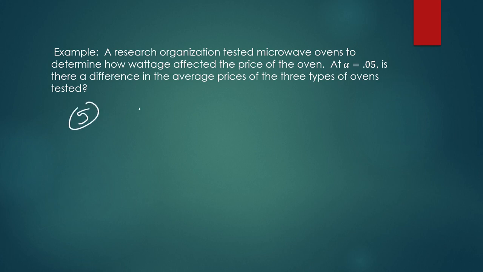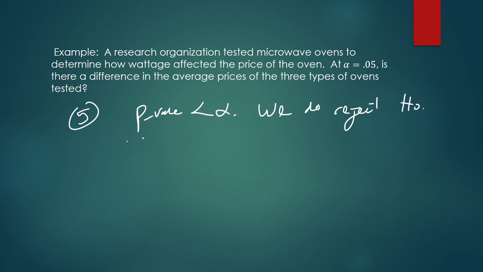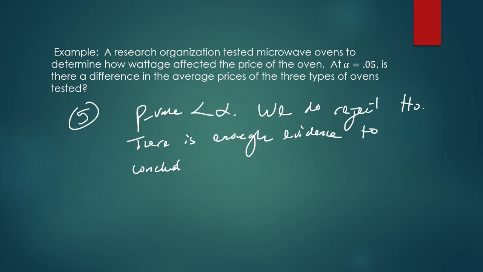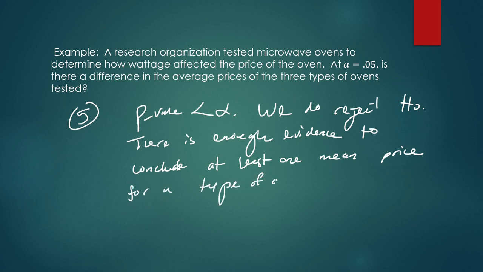Step 5, we're going to ask, is the p-value less than alpha? It is. So we do reject the null hypothesis. There is enough evidence to conclude, and our conclusion is always in terms of HA, at least one mean price for a type of oven is different.